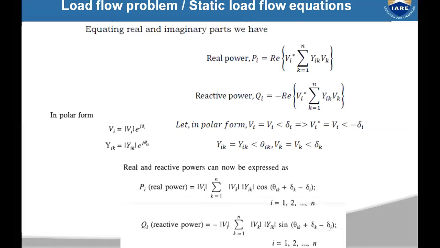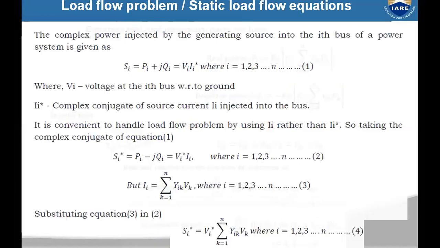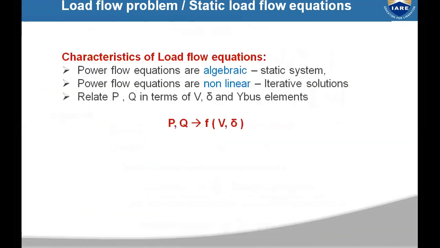So P and Q are a function of voltage, load angle, and Y bus elements. This is the third characteristic: PQ is f of V, delta. So here there are four variables: P, Q, V, delta, out of which two will be specified and two will be determined from the load flow solution.